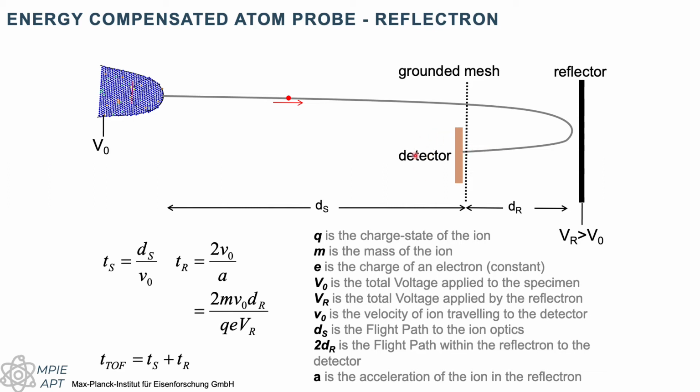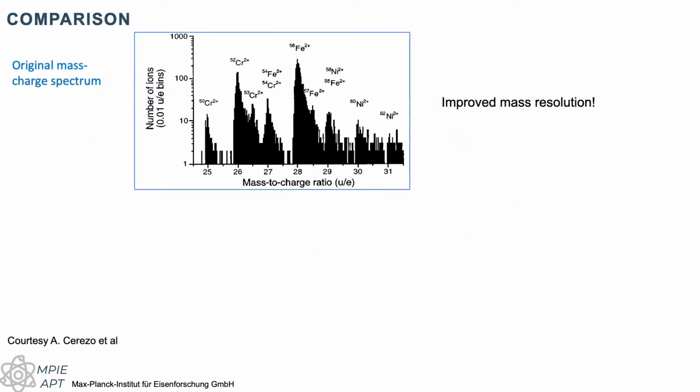Ultimately, the time of flight of the ion between the specimen and the detector will be the same, which means that the mass resolution will be improved. So if I look back at this first implementation of a reflectron on an atom probe by Cerezo, this is a typical mass spectrum for an iron-chromium alloy.